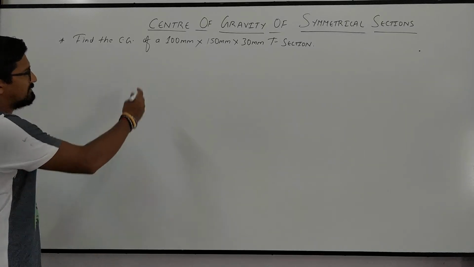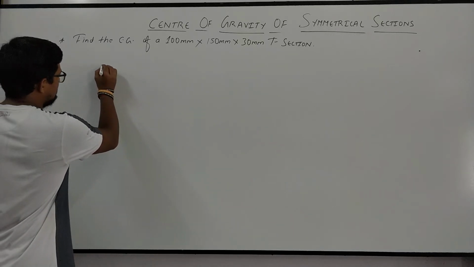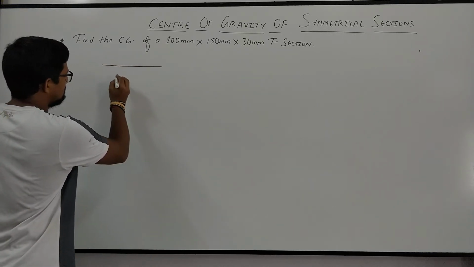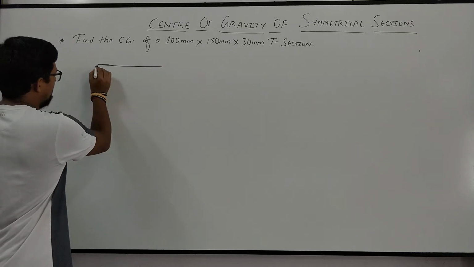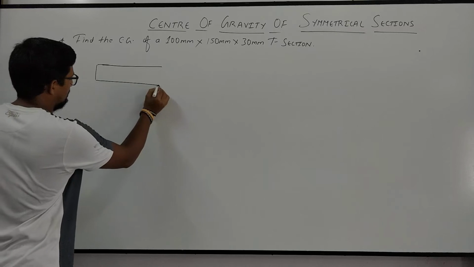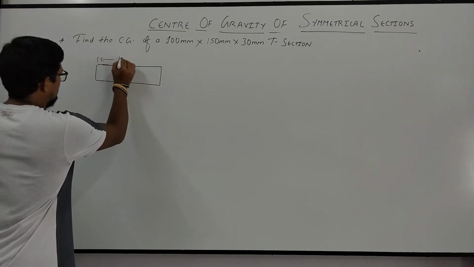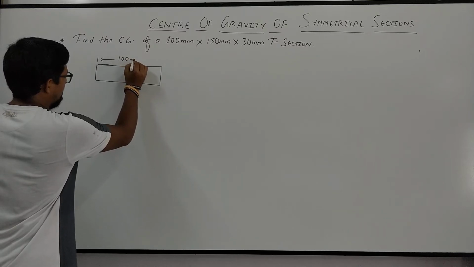So this is a 100 mm into 150 mm into 30 mm T section. It is something like this. This is 100 mm.